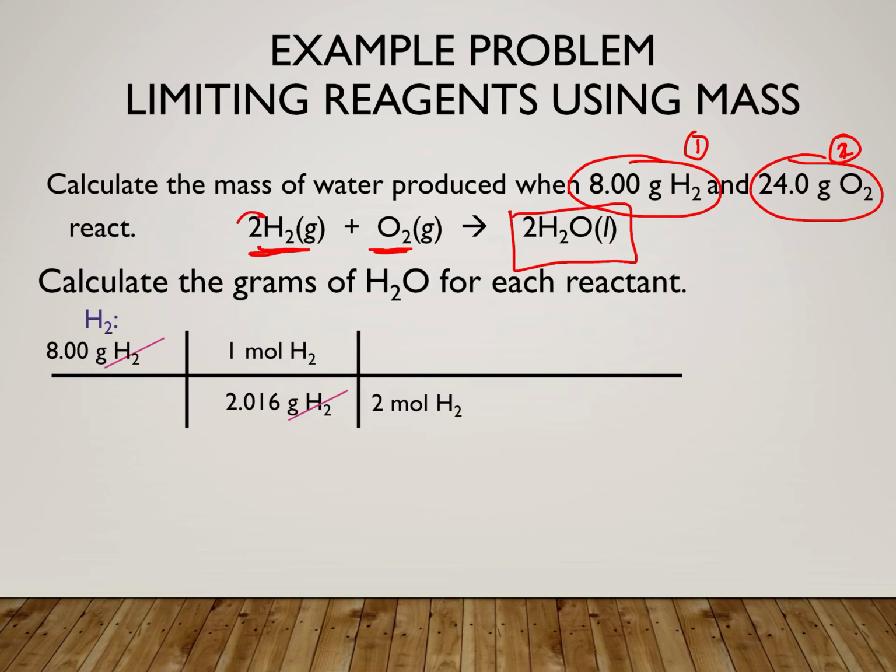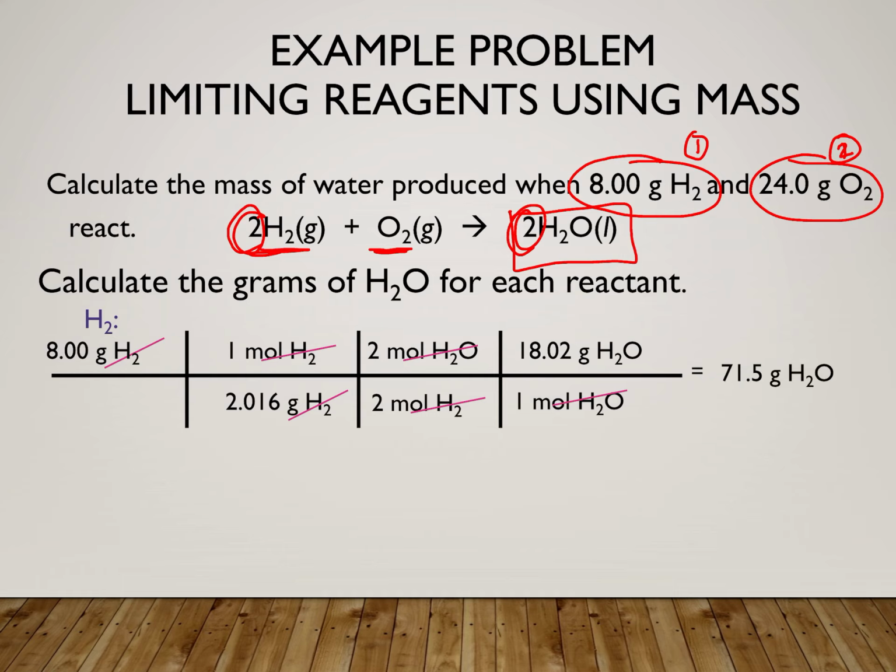So for every 2 moles of H2, we will get 2 moles of H2O. And then once we're in moles of water, we can use the molar mass of water to change to grams of water. And then we can multiply the top, divide the bottom, and see how many grams of water can be formed. So here we have 71.5 grams of water if hydrogen was limiting.